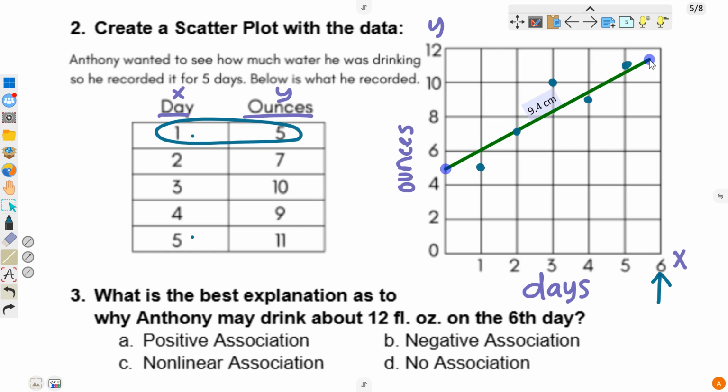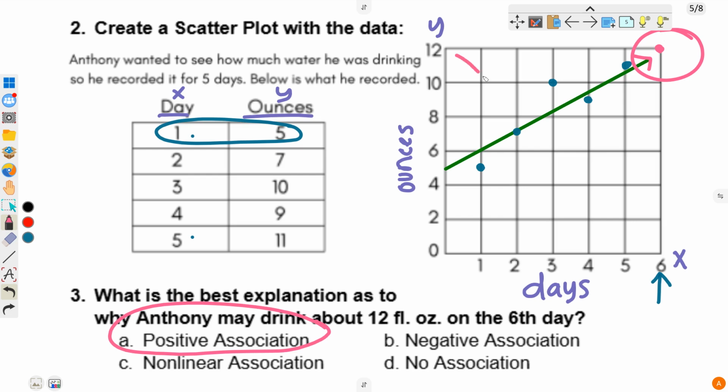So remember, what do we call it if our line is going up? It is a positive association. So that tells me it would be up here, right? If we're looking at day 6, it would be somewhere probably in this vicinity because our scatter plot is going up.